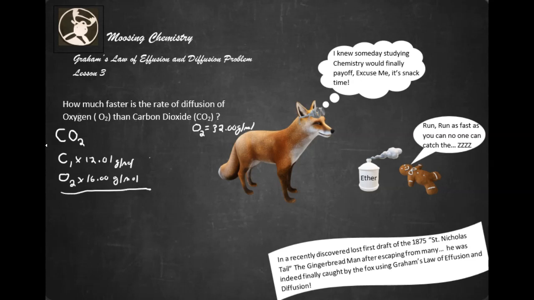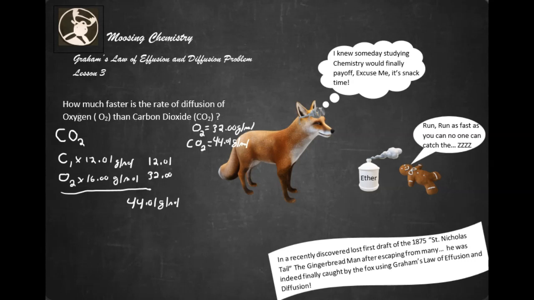This gives me 12.01, and this gives me 32.00 grams per mole, right? So we add those two together and we get 44.01 grams per mole. So let's write this over here: 44.01 grams per mole.